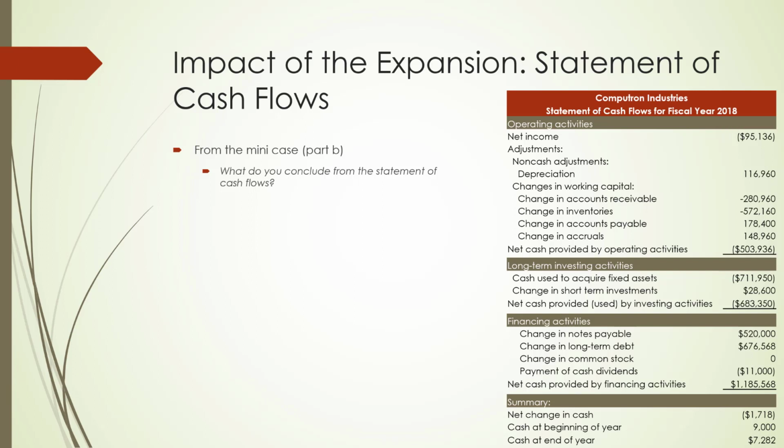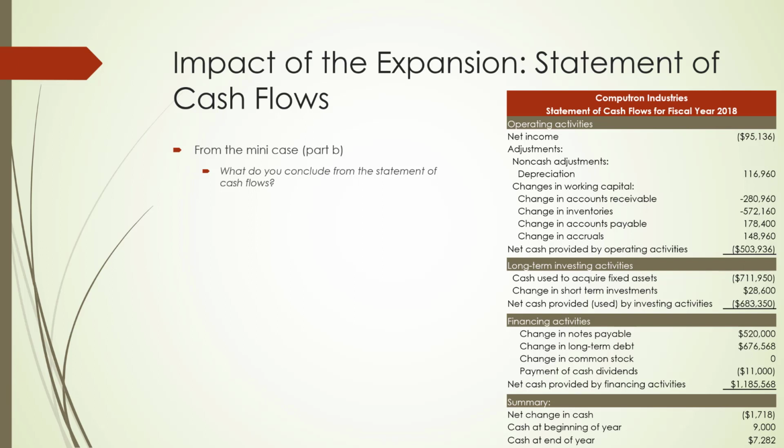The fact that they did not pay for the entire increase in accounts receivable and inventories with short-term liabilities tells me that this is a fairly aggressive financing plan. So they're using long-term debt to finance short-term increases in assets.